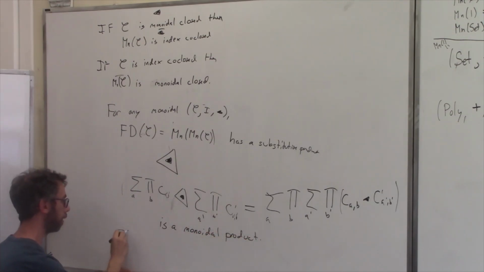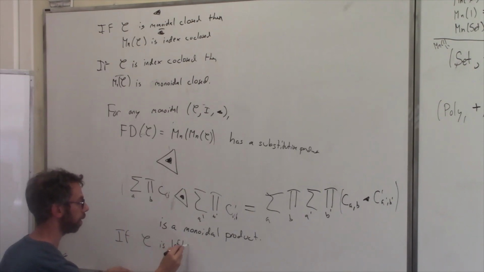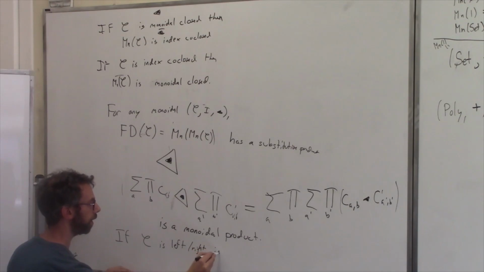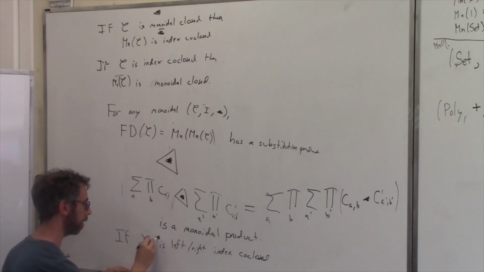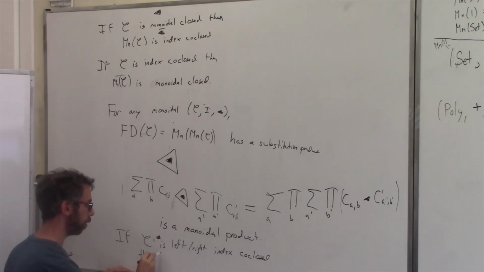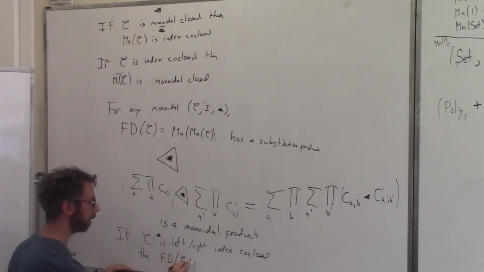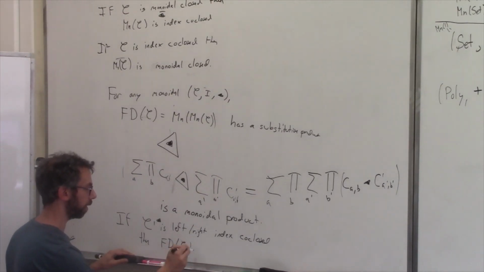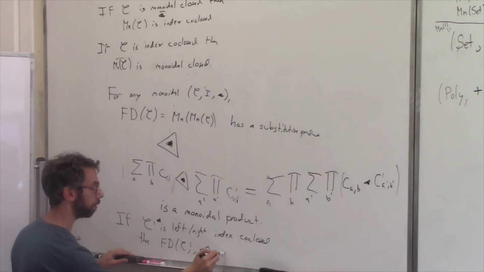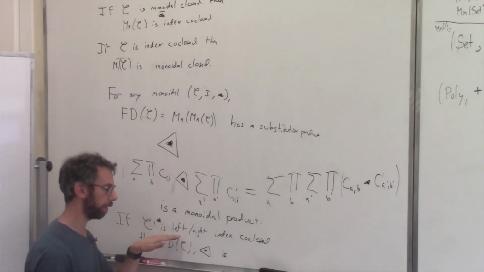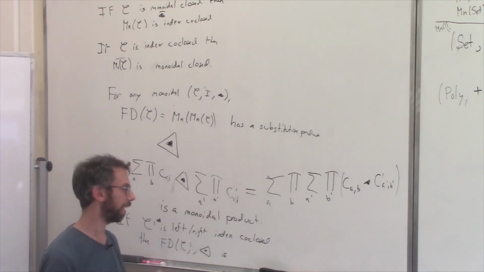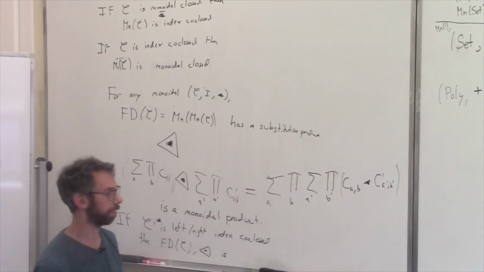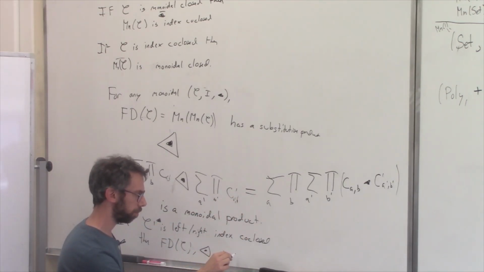And if C is left or right index co-closed with this thing, then the free distributive, or menu of C, with its thing is the same. Actually, one of them gets a little better. I think right goes from index co-closed all the way to co-closed. You get to, for some reason, get rid of the multi. For some reason, this is also.